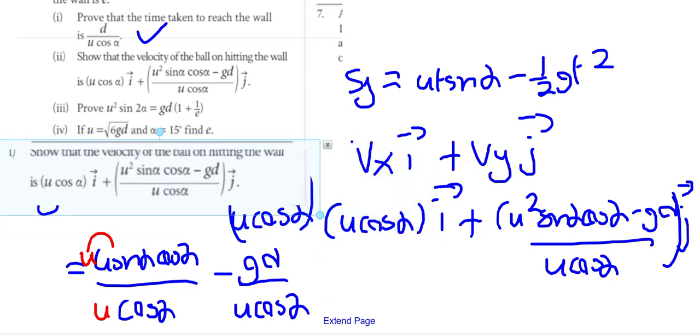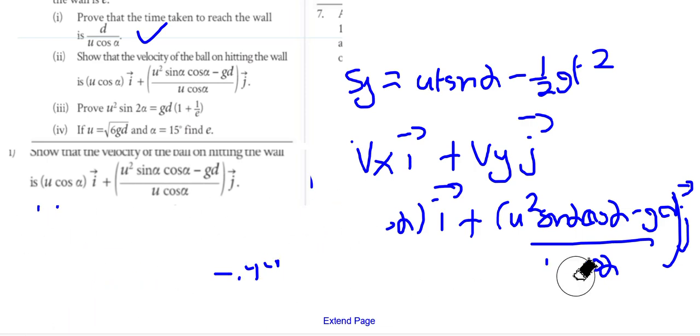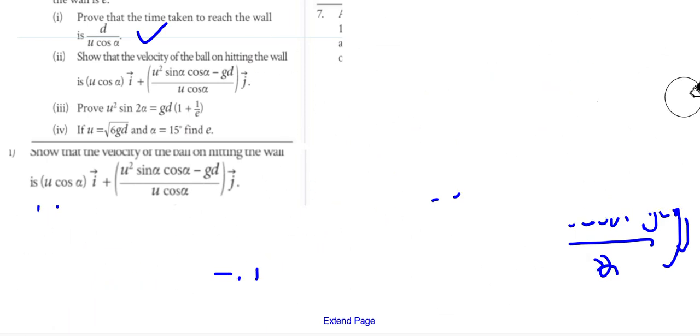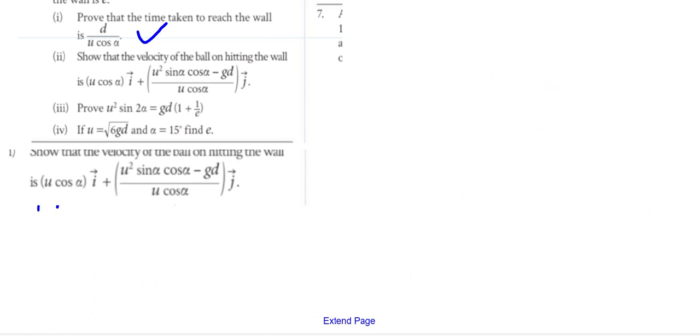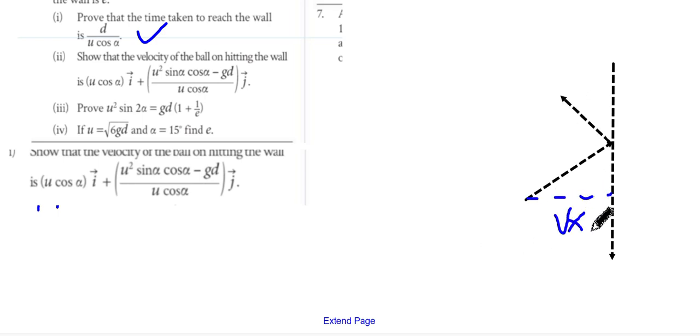Just going to rub out a bit of space for myself. Now, what's going to happen is it's coming up and it's hitting the wall like so, and then it's rebounding. And what we're saying is, I'm going to make this simple. That's phi x, that's phi y.